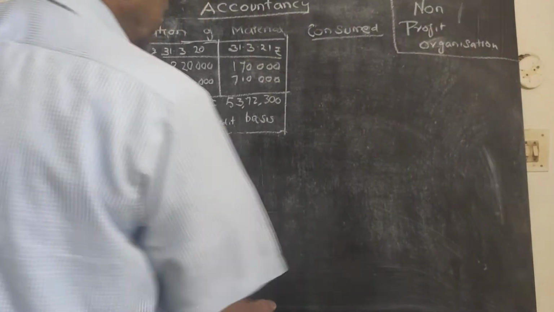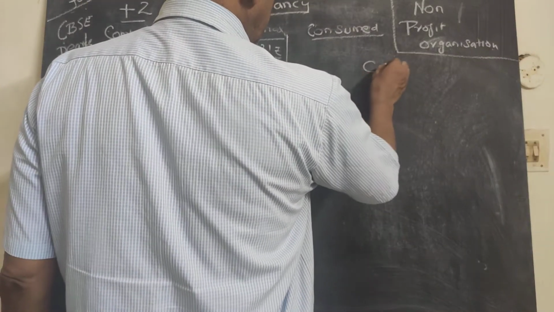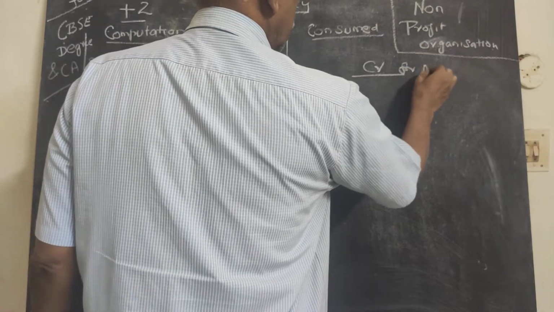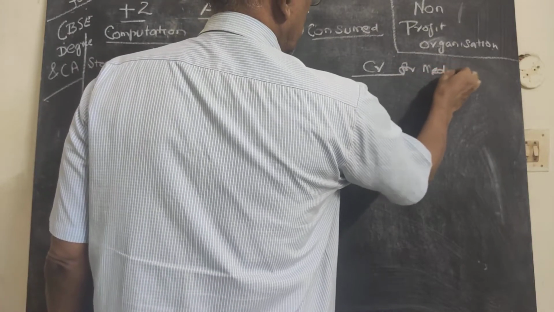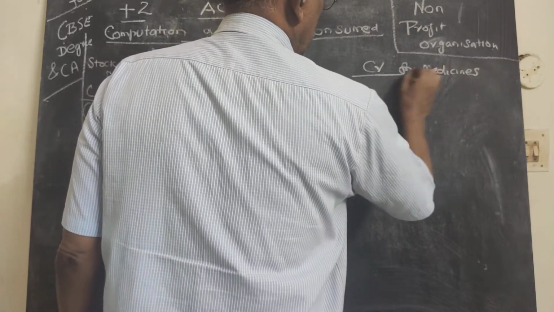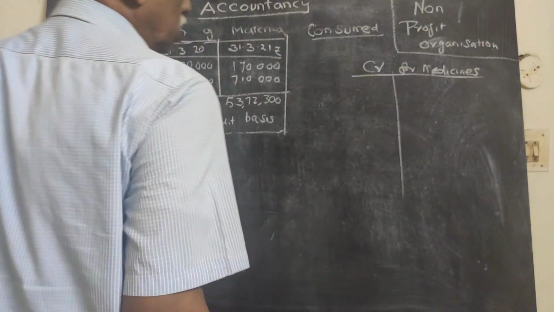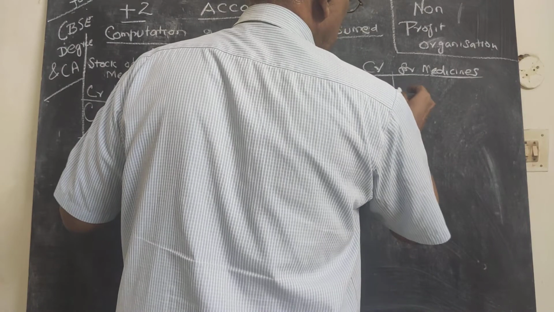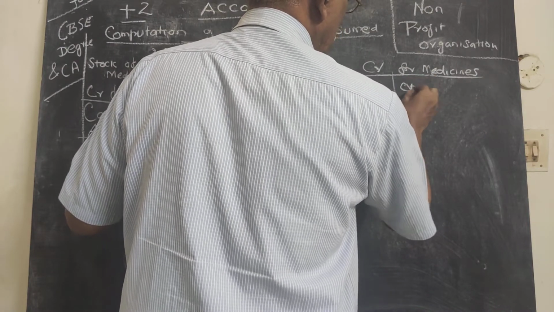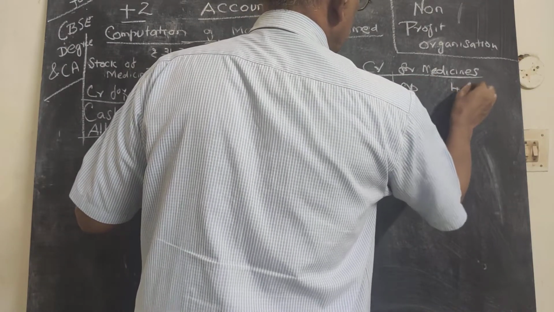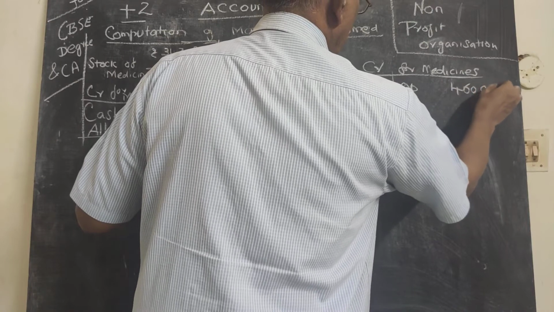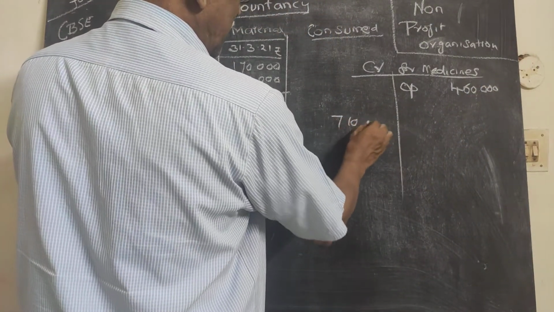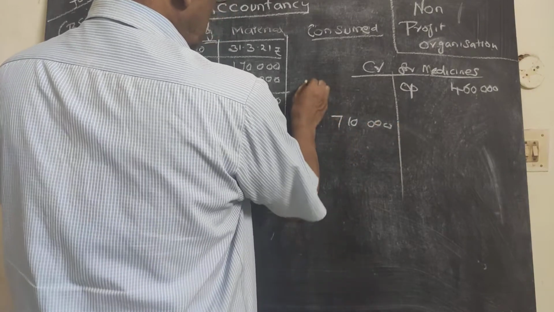First, let us prepare the creditors account. Creditors for medicine. So, opening balance of creditors is 4,60,000. Closing balance 7,10,000.